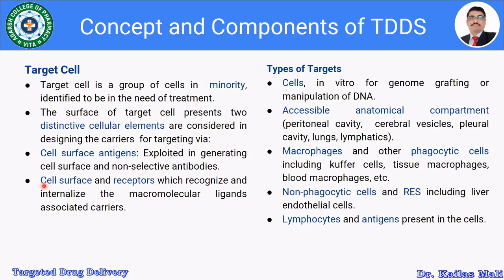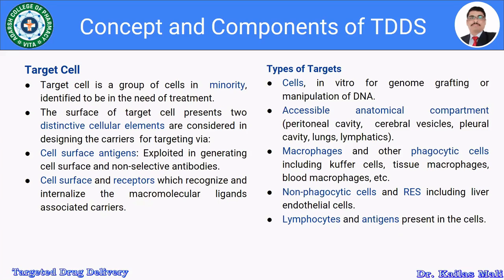And the cell surface receptors recognize and internalize the macromolecular ligand-associated carriers. So this is about the target cell, a group of cells in a minority identified to be in the need of treatment, for example, infected tissue or the cancerous cells.